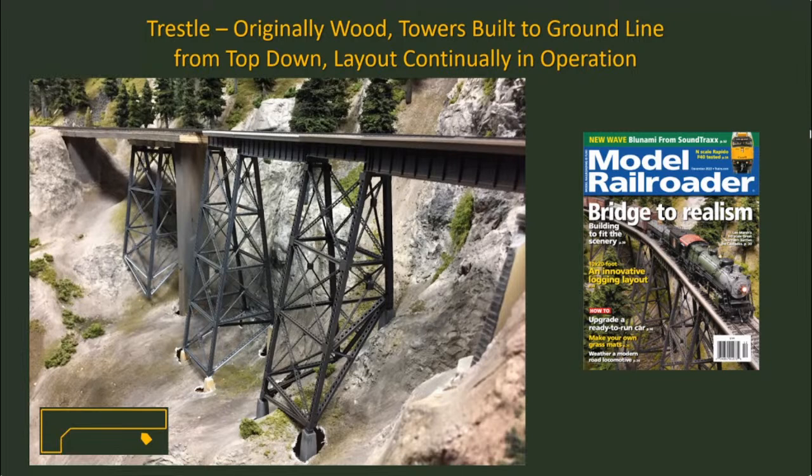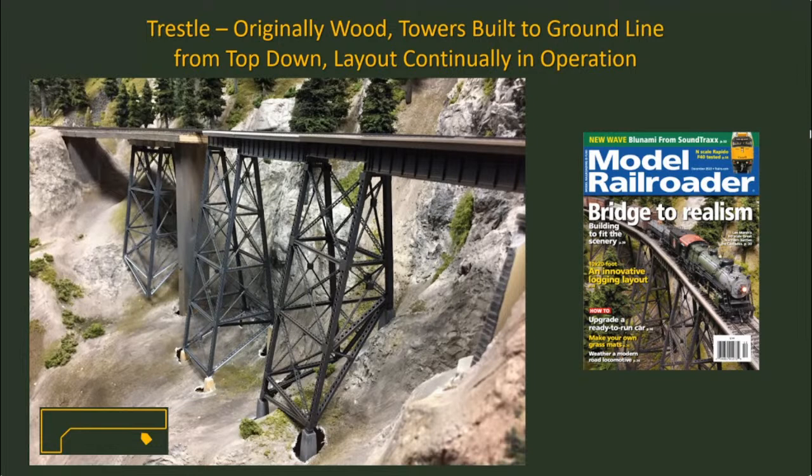So for example, on the far tower, you can see the tower's been constructed, had some scratch building and kit bashing to put the bottom of the tower together to meet the landform, and then it's bolted up to the plywood above with a template that gives me just the right height below the track to ultimately put the horizontal girders in.